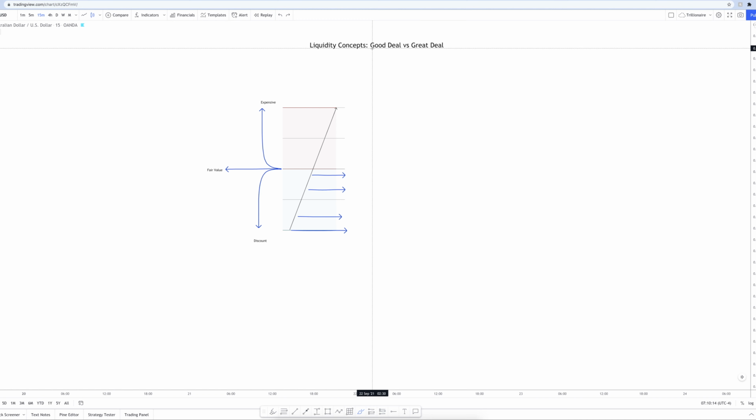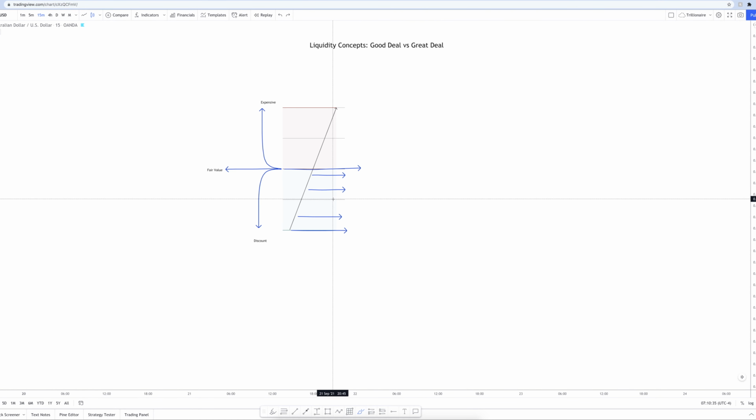Now let's start to talk about a good deal versus a great deal. As you guys can see, we split up these sections into two parts. We have our discounted section overall here, but we have that discounted section split up into high probability and low probability. Good deal versus great deal.